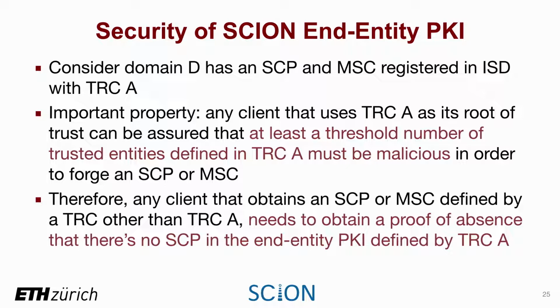In this case, the important property that we can achieve is that any client that uses the TRC-A as its root of trust can be guaranteed that at least a threshold number of trusted entities that are defined in the TRC-A must be malicious in order to forge a fake SCP or MSC. This is, again, a very strong property that cannot be achieved in today's environment.